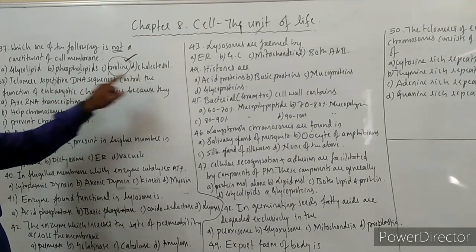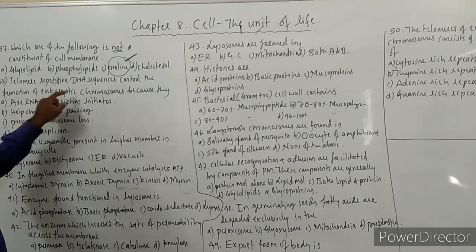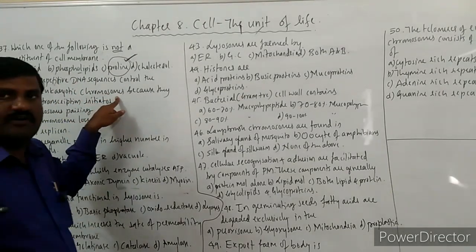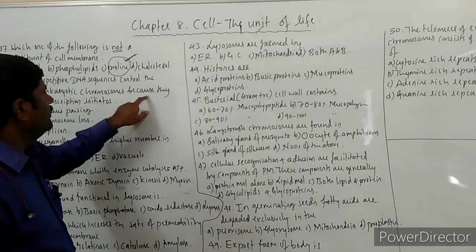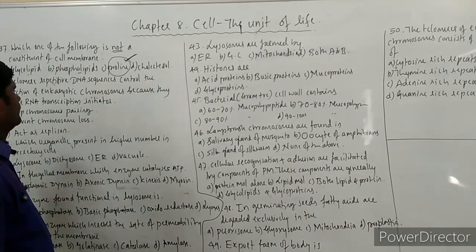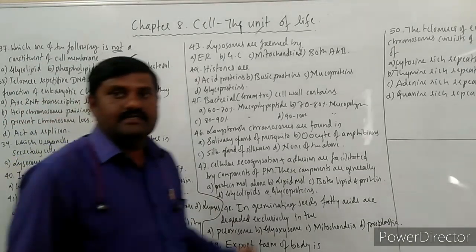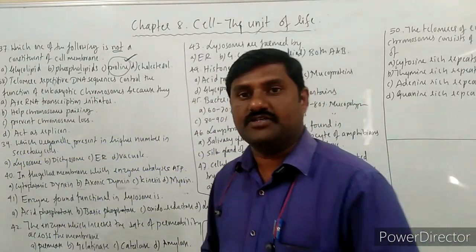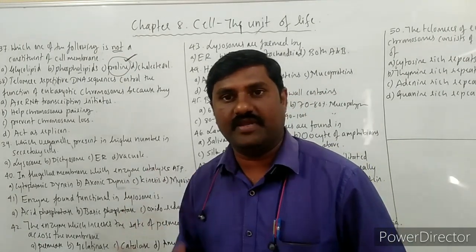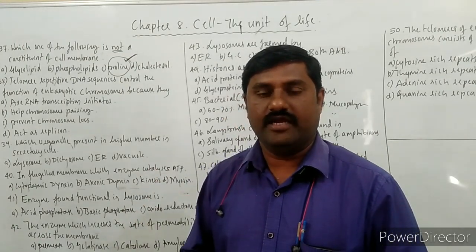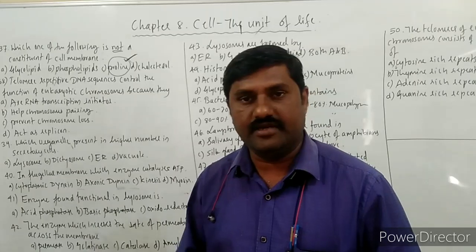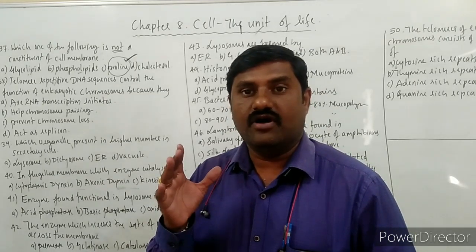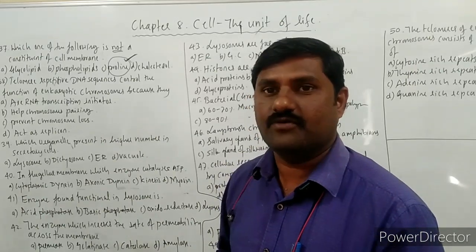What does it control? The function of the eukaryotic chromosome, right? It controls the function of the eukaryotic chromosome because being a terminal part of the chromosome, it has repetitive DNA, so it avoids the loss of chromosome.